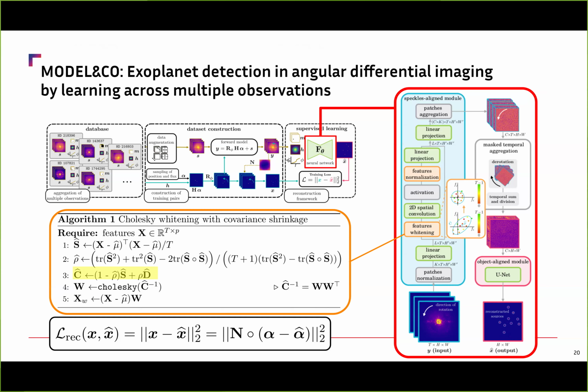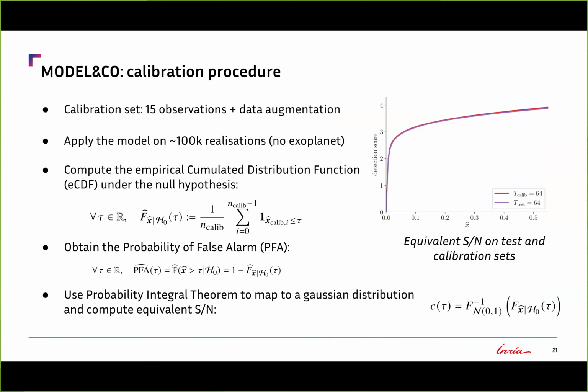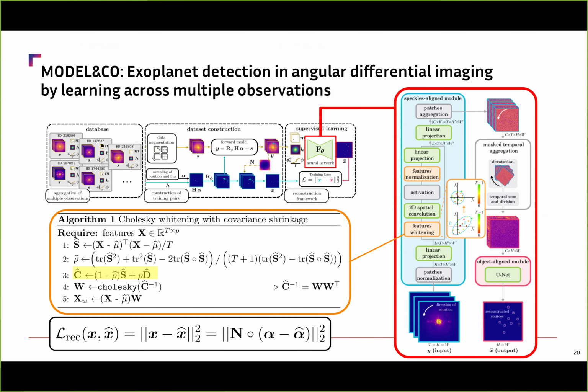So the model won't suffer the same loss if it fails to detect an easy source as opposed to a hard source, which makes it much easier for the model to understand what it needs to do. So those are the three main differences with respect to DPACO: a large database of observations, a different architecture, and a different loss.